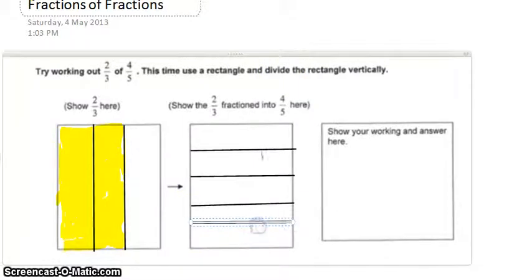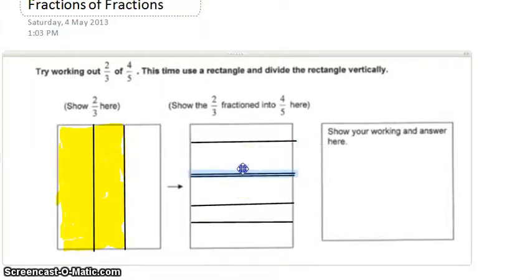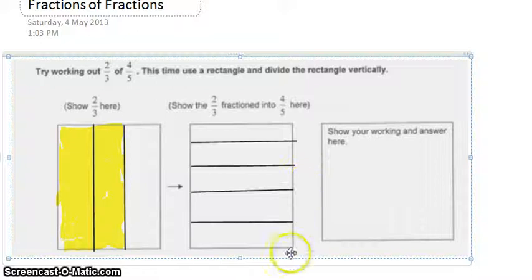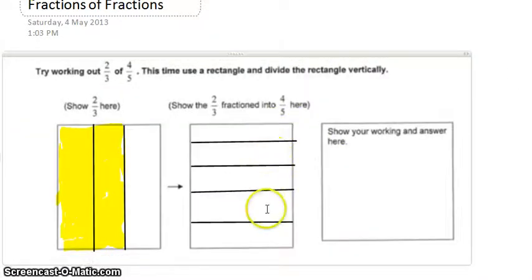Oh, they're not very even. I'll try and make it more like fifths. Okay, so that's kind of fifths, but you can see we've got 5 parts, 2, 3, 4, 5.